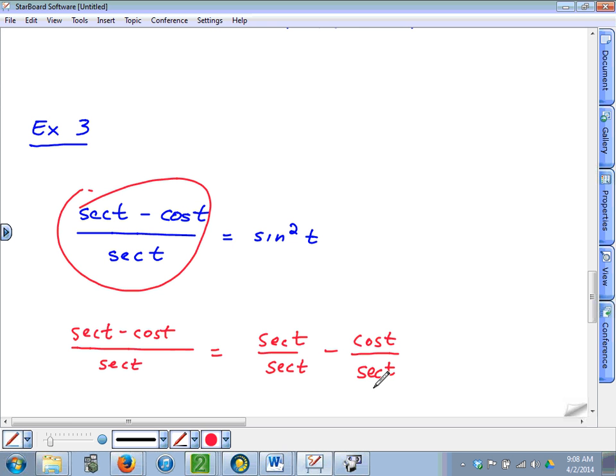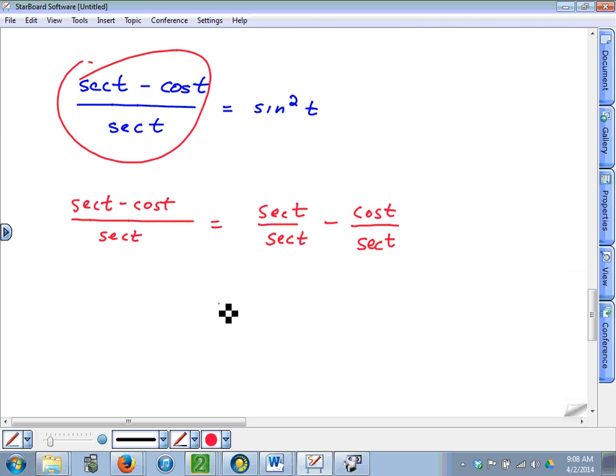Now just double check though, if I combined the one on the right back into one fraction, would it equal the original one? It would. So now we can cross out the secant. Well, they don't really just disappear. Secant divided by secant is 1, so this equals 1 minus cosine of t over secant of t.